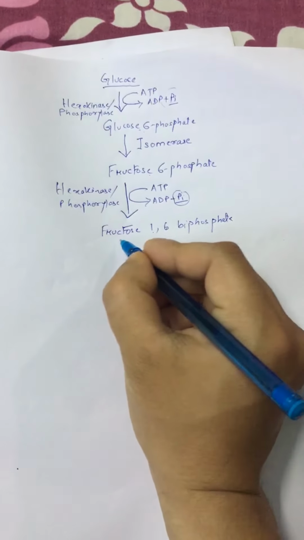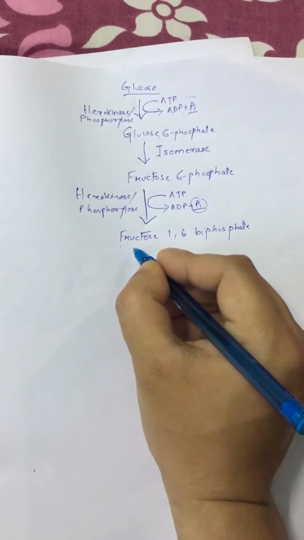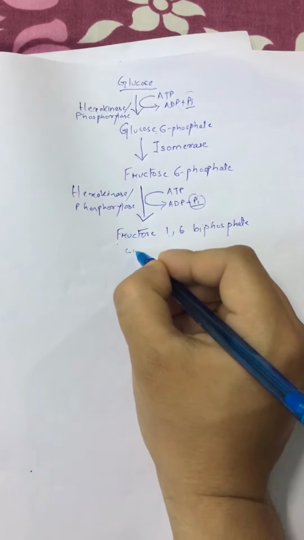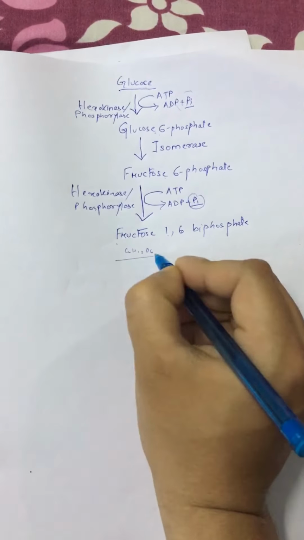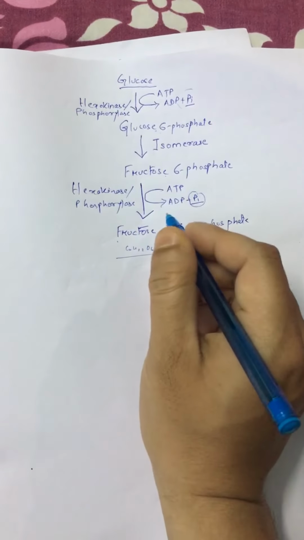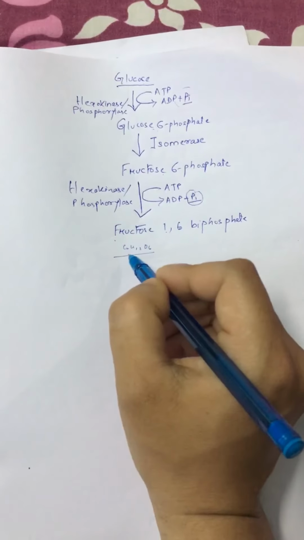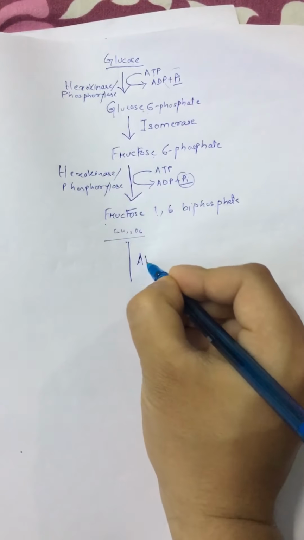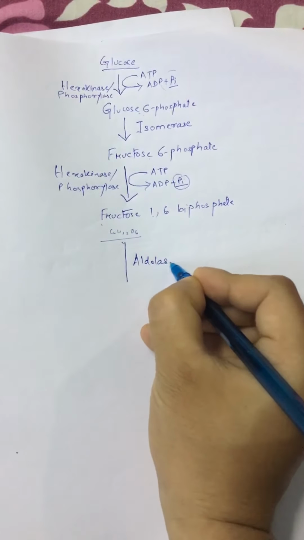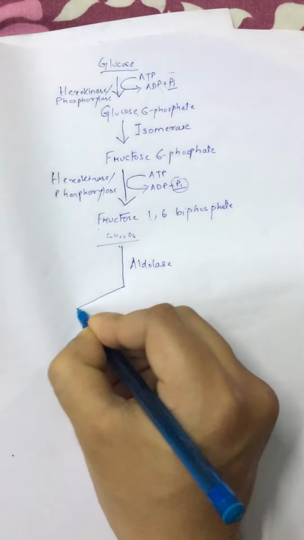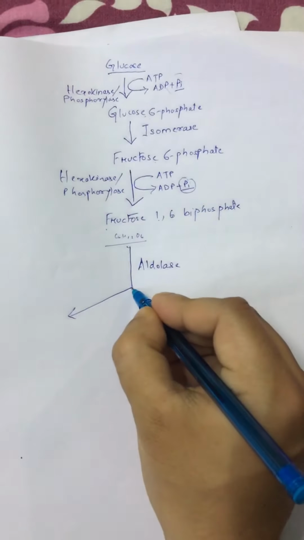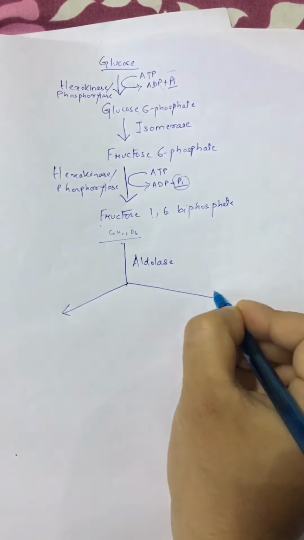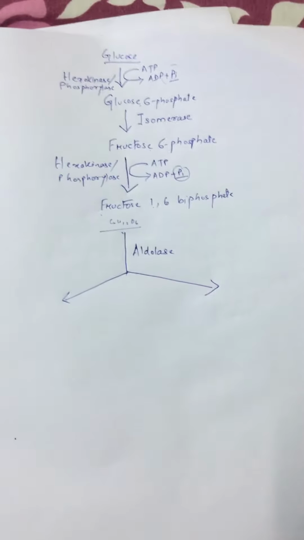Now this fructose molecule, you know that it is a 6 carbon compound. The formula of glucose is C6H12O6, right? It is the same with fructose. So this fructose, which is a 6 carbon compound, in the presence of an enzyme called aldolase, will break down into 2 compounds having 3 carbon each.